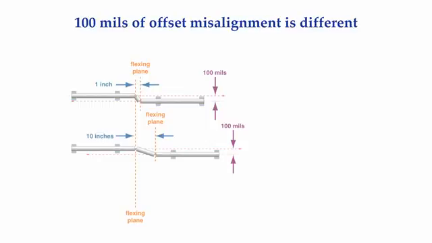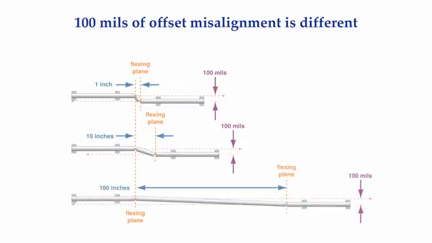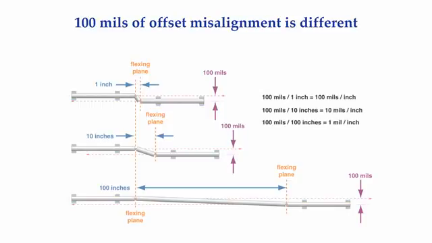If we again maintain 100 mils of misalignment but separate the shafts 100 inches apart, we only have 1 mil per inch of misalignment. In every case, there is 100 mils of misalignment, but 100 mils over 1 inch is different than 100 mils over 10 inches, which is different than 100 mils over 100 inches.